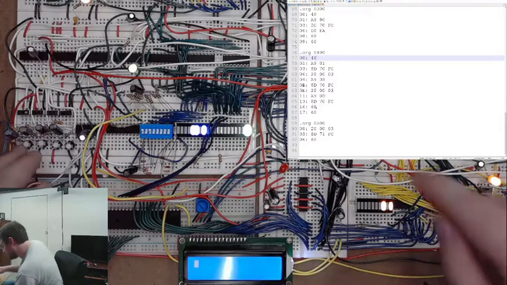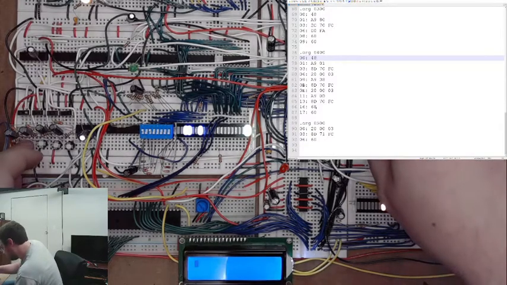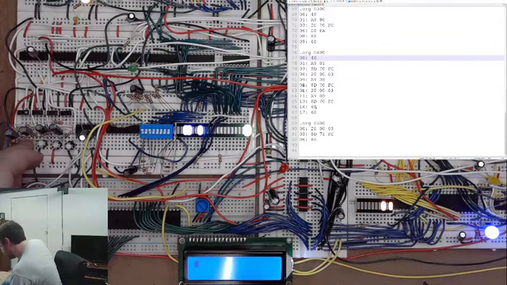I wasn't watching for that. It works at the start. Like right now, it's working. At this point, it's still working. That time it worked.